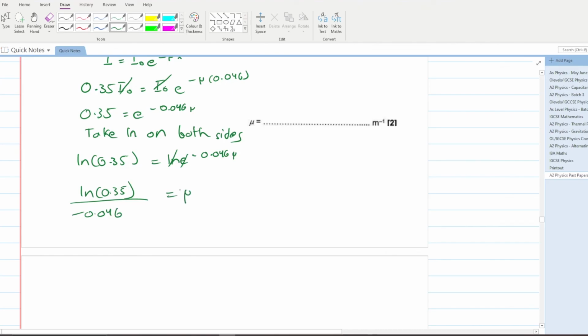Let's calculate this. ln 0.35 divided by 0.046 comes out to be 22.8 meter minus 1. So this marks the end of the past paper for ultrasound. If you have any questions, you can ask in the comments. This PDF is uploaded on the Google Drive, which is linked in the description below.